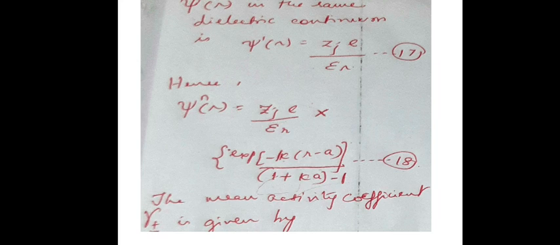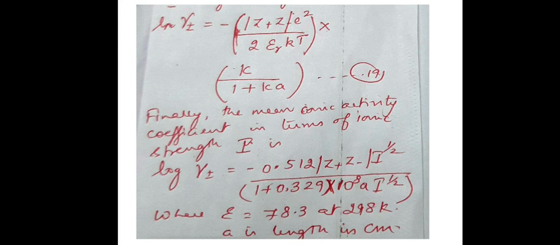So the mean activity coefficient gamma for positively and negatively charged ions is given by ln of gamma plus minus is equal to minus z plus z minus e square by 2 epsilon r kT into k by 1 plus ka.